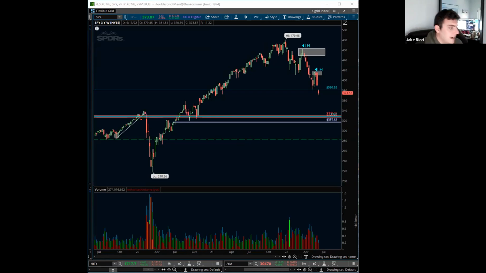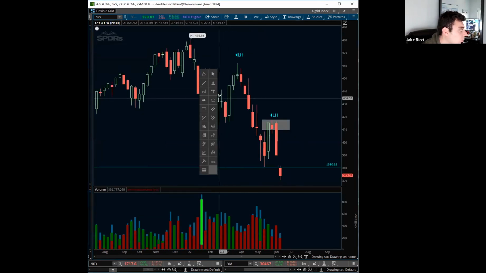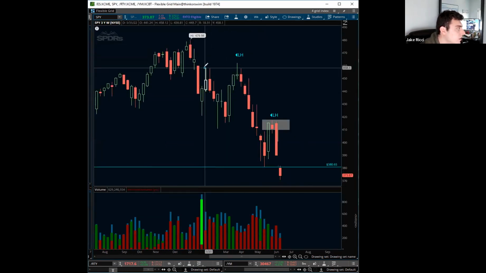Do the lower highs and higher highs have to be exact candle prices? If you're talking with some people very specifically, they're going to say it's to the tick, the wick. For me, I'm more of a general area type of guy.